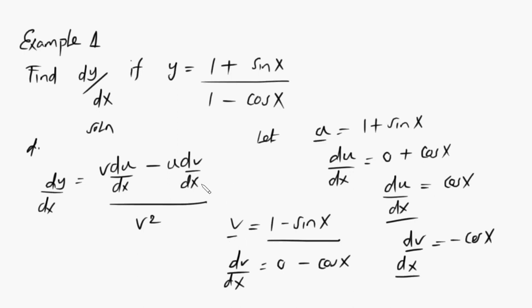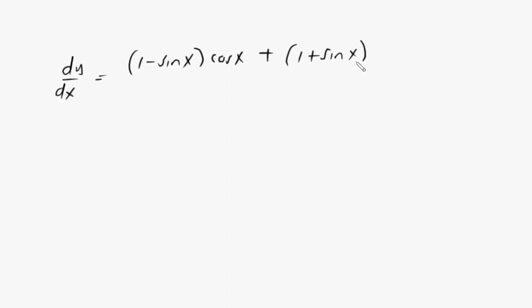I can apply them now in the formula here. So my dy/dx is going to be equal to v, which is 1 minus sin x, times du/dx which is cos x, plus u which is 1 plus sin x times dv/dx which is negative cos x, over 1 minus sin x, this is my v, squared.